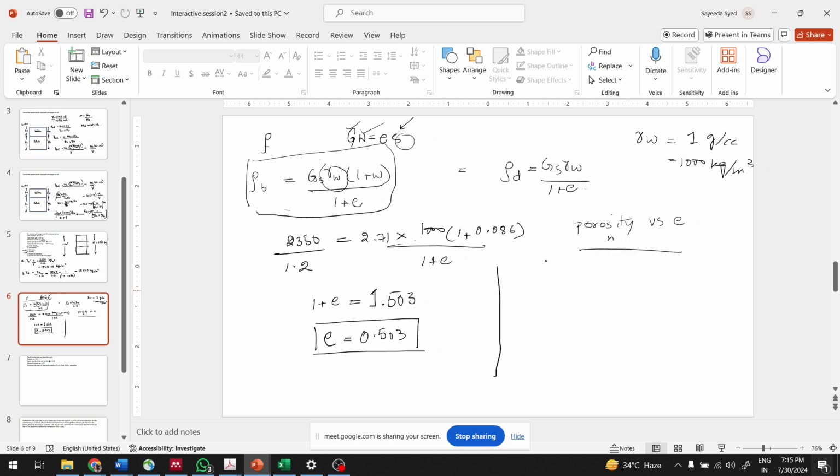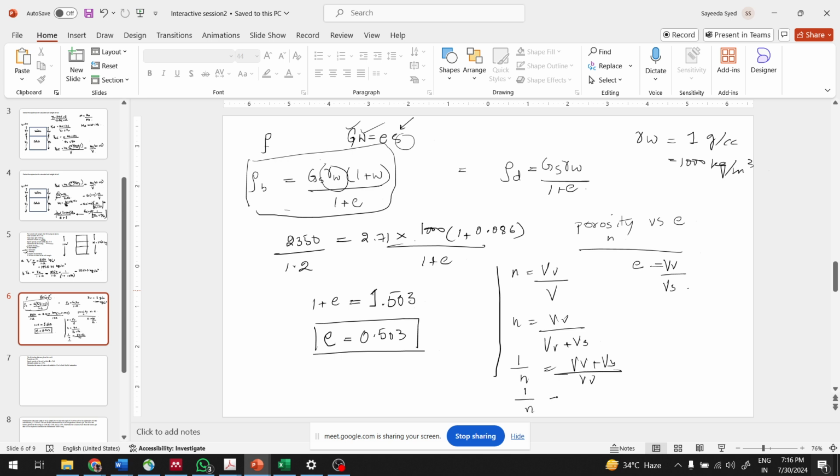So, porosity basically is volume of voids over total volume, and void ratio is volume of voids over volume of solids. So n is equivalent to volume of voids over volume of voids plus volume of solids, so 1 by n equals volume of voids plus volume of solids over volume of voids.